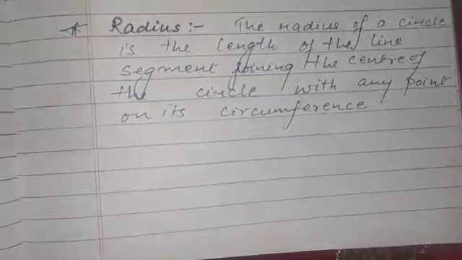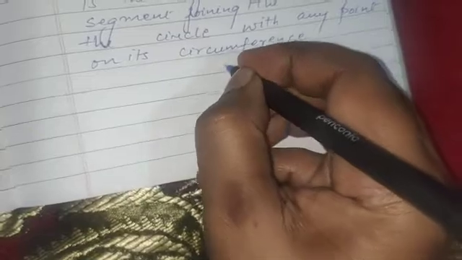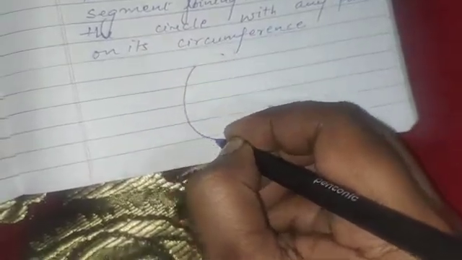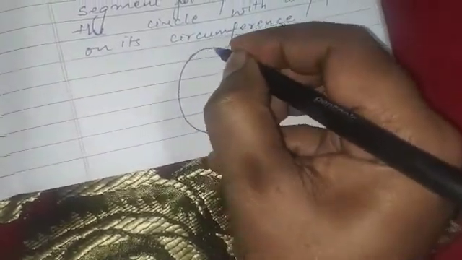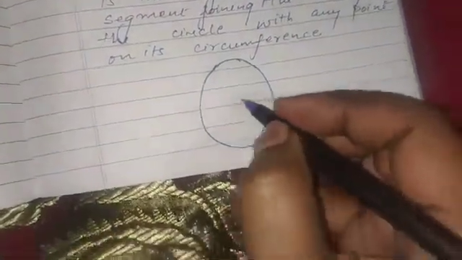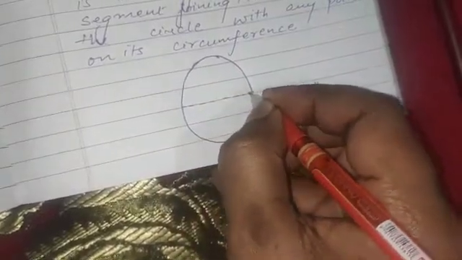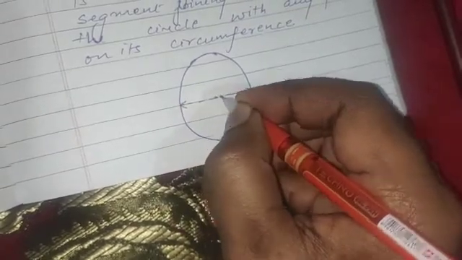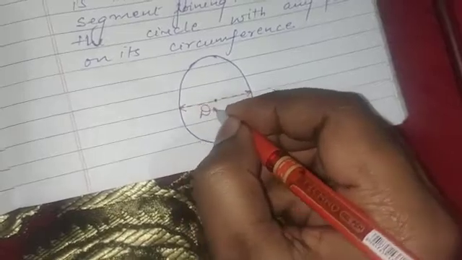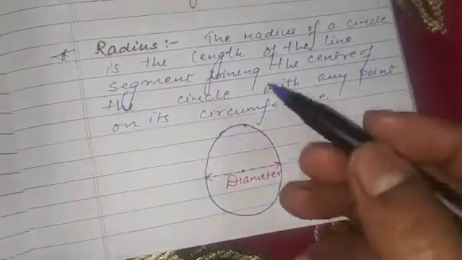अब हम इसे देखेंगे डायग्राम में. Now this is the circle. Okay, this is your circle, and see, this is the diameter, the full length of a circle. और ये रेडियस के बारे में क्या कह रहा है?